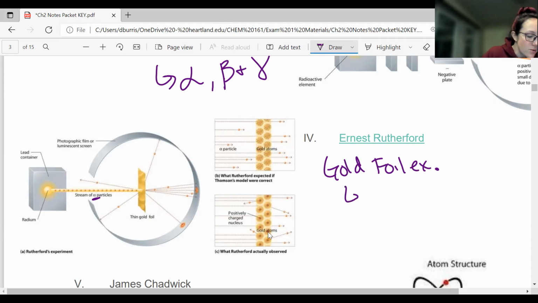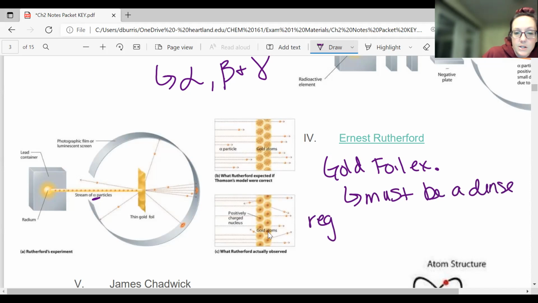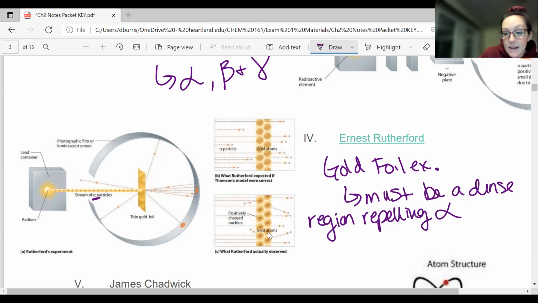So this showed that there must be a dense region that was repelling the alpha particles, meaning he discovered the nucleus, and also that there are vast regions of empty space.